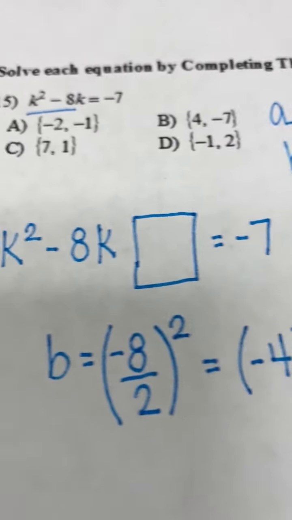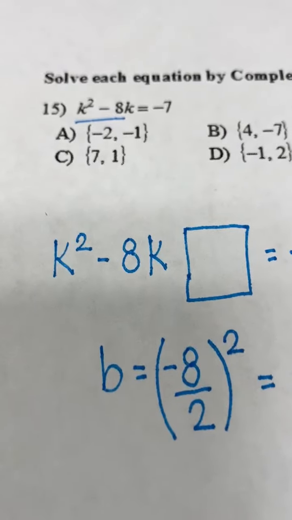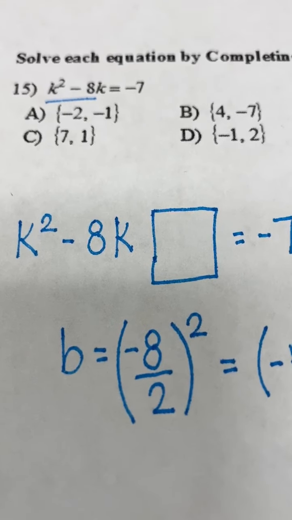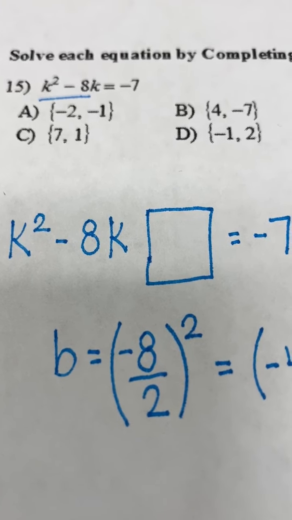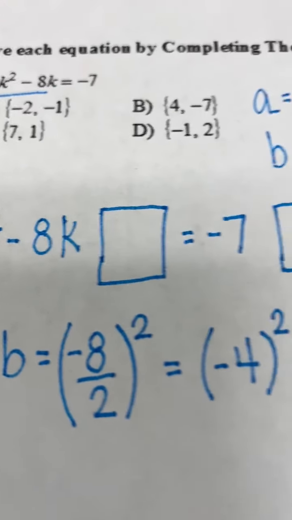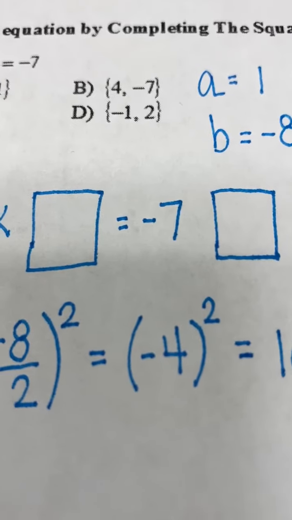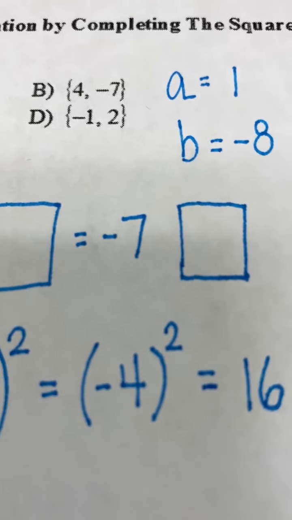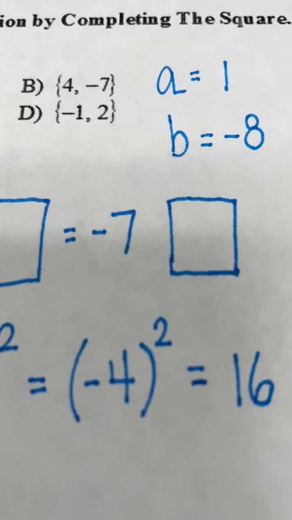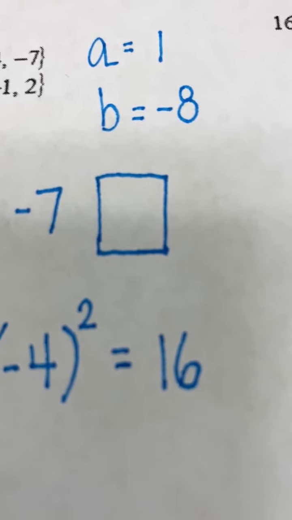So do you see what I did? I took my b value of -8, divided it by 2, enclosed it in parentheses, and then squared it. But I did not use my calculator right away. -8 divided by 2 gives me -4. Square it, and -4 times -4 gives me a positive 16.